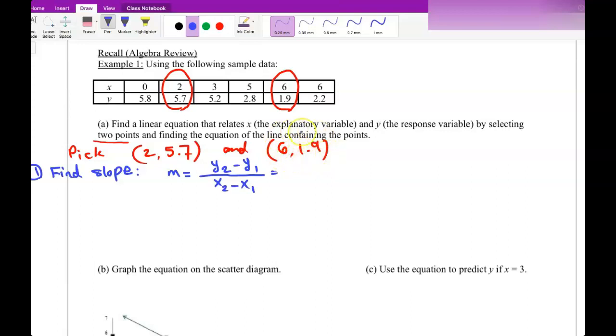I'm choosing this one for x2, y2, and the first one for x1, y1. So that is 1.9 minus 5.7 divided by 6 minus 2 for the x's. That is equal to negative 0.95. So we have a negative slope.